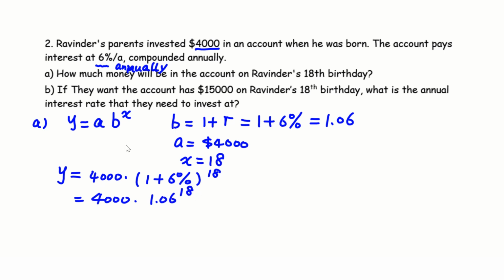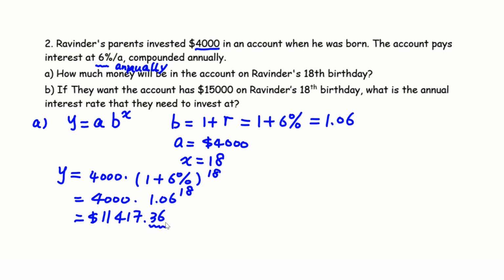Then get your calculator out, type it into your calculator, then you will have $11,417.36. When it's involving dollars, we keep 2 decimal places.